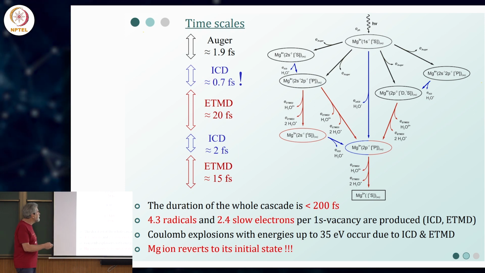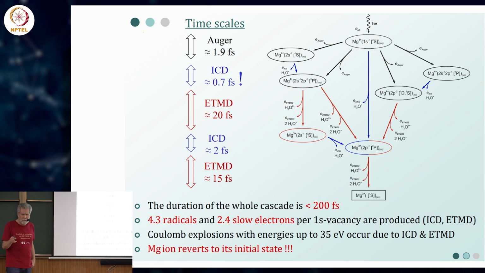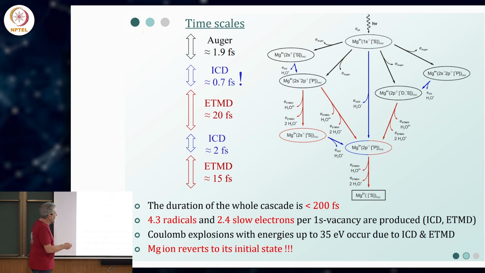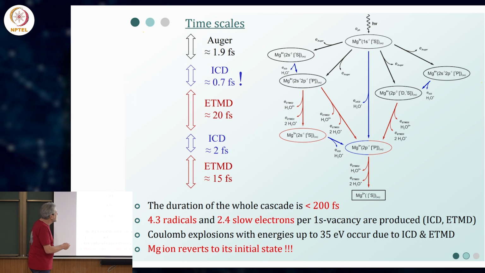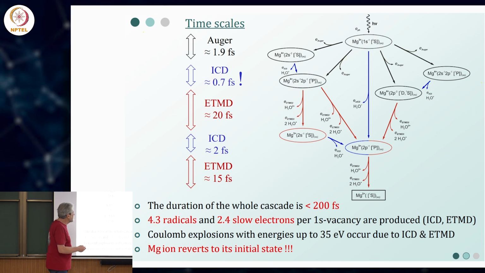Then there will be Auger. We calculated the rate. It's about 1.9 femtoseconds. So very fast. Okay, and Auger gives several channels, actually many, but these are the 4 most populated channels. This, that, and that. If you can read it, it's good. If not, it's not a problem. It's a story which comes from the calculation.